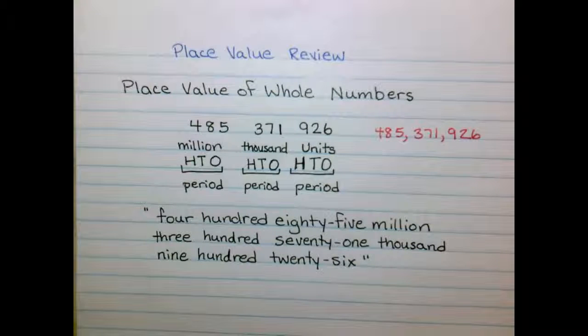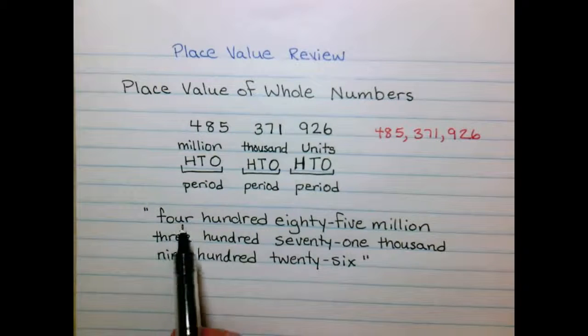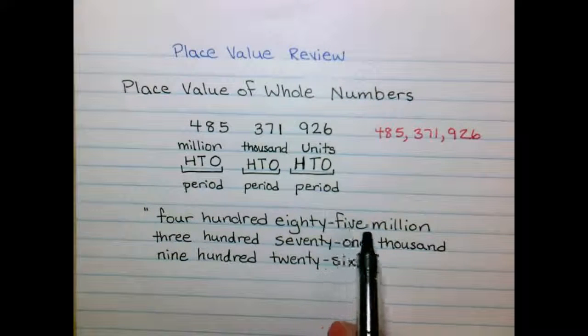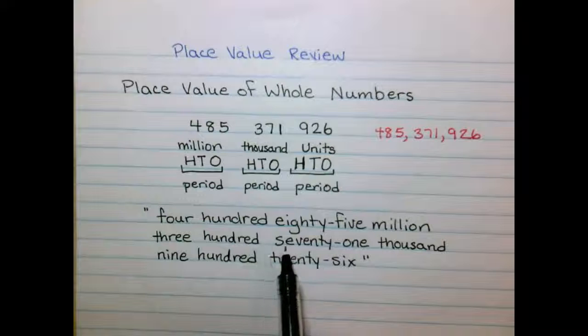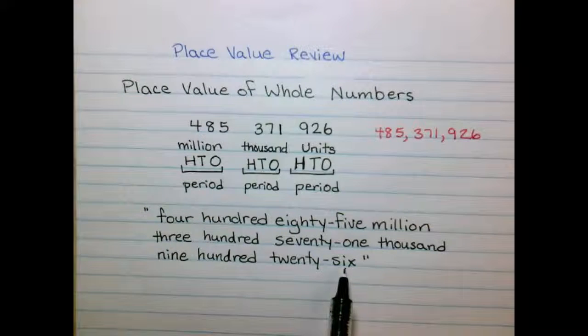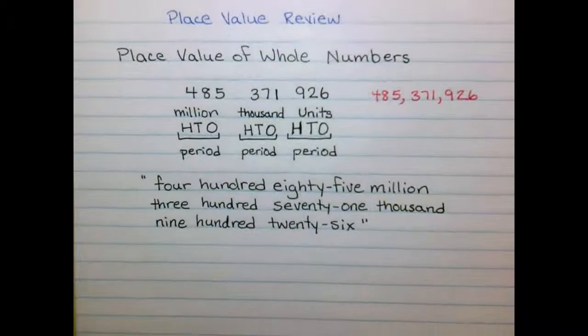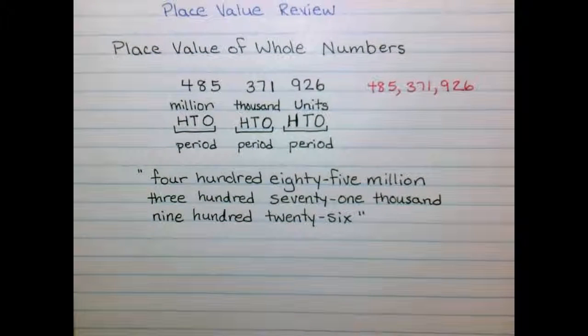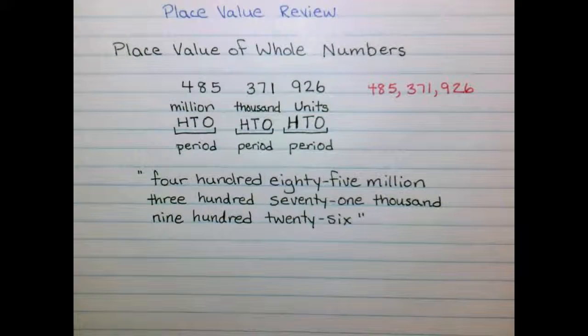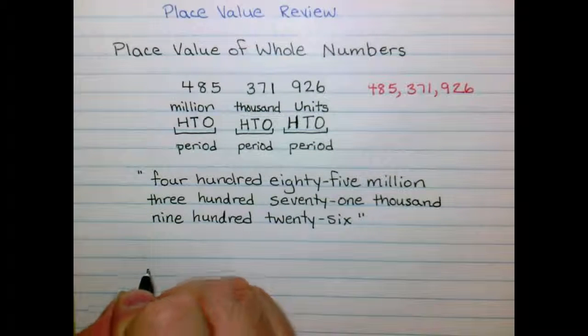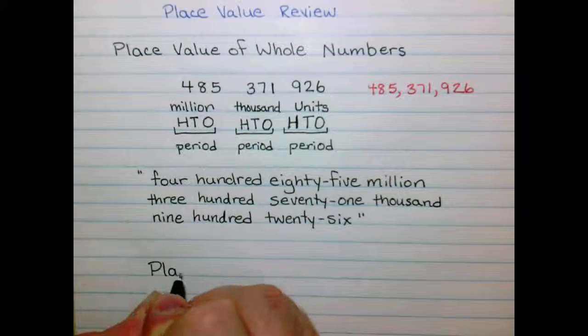Another common thing that we say is some people will say 485 million, and 371 thousand, and 926. The reason we shouldn't be saying "and" is because of numbers that are not whole numbers, when we look at the place value for decimal numbers.